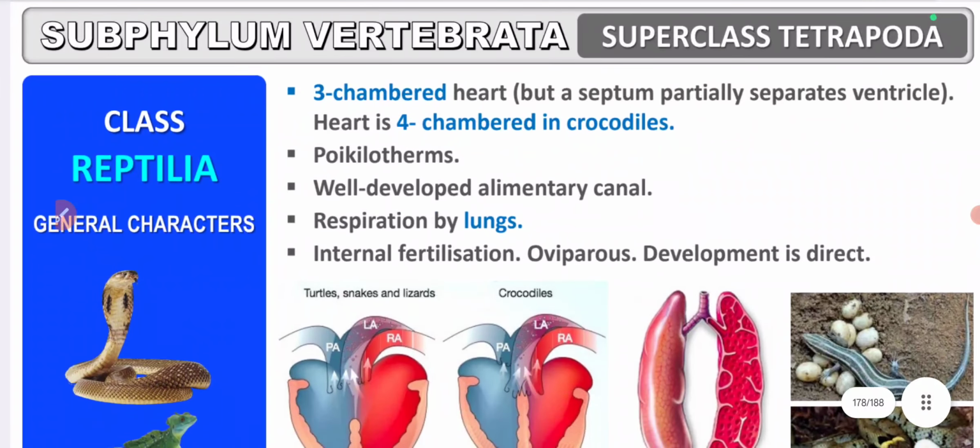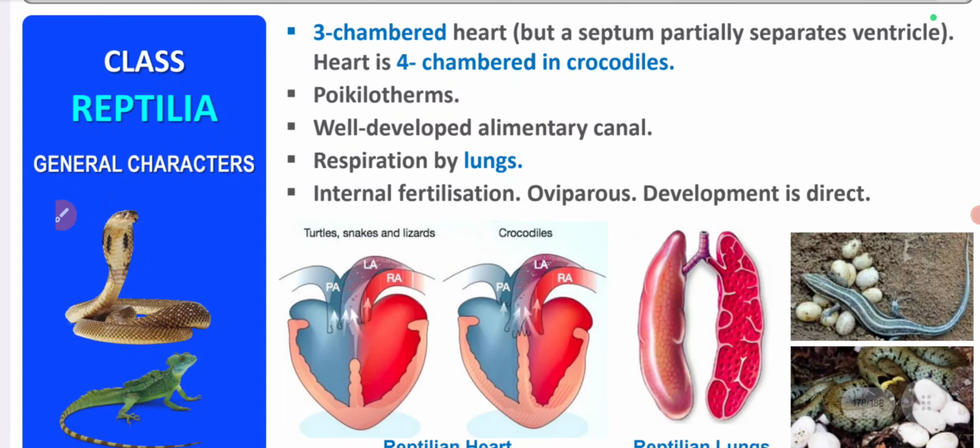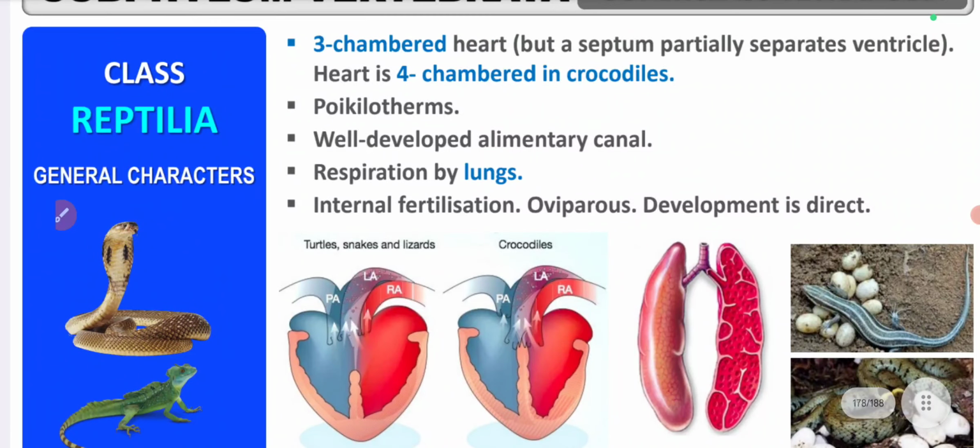Some general characters: three-chambered heart, but a septum partially separates the ventricle. Heart is four-chambered in crocodiles. As you can see, reptilian heart, reptilian lungs, poikilotherms, well-developed alimentary canal, respiration by lungs, internal fertilization, oviparous, development is direct.